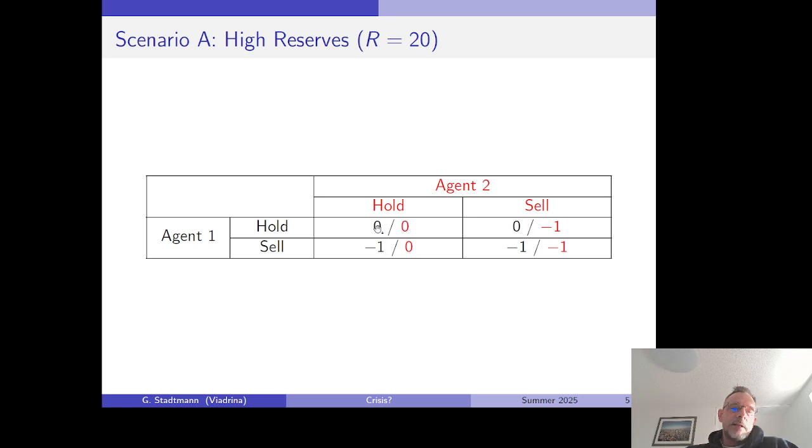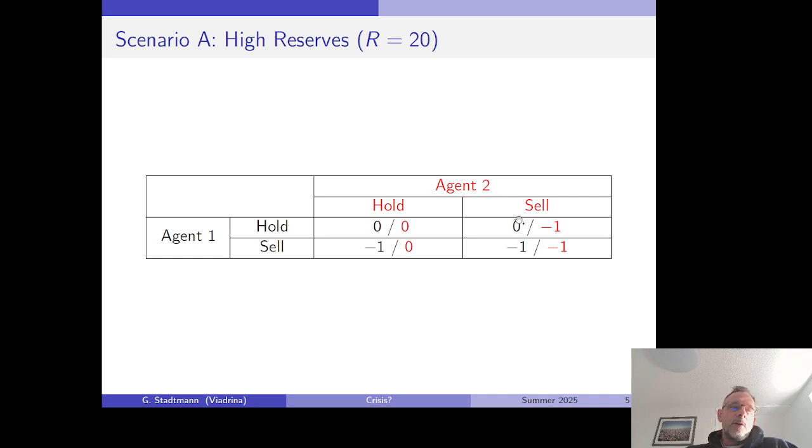The black 0 is larger, so hold would be the best response in case that agent 2 plays hold. What if agent 2 plays sell? Then the black player has to compare the 0 and the -1. The 0 is larger, so agent 1 will also play hold in case that agent 2 plays sell.